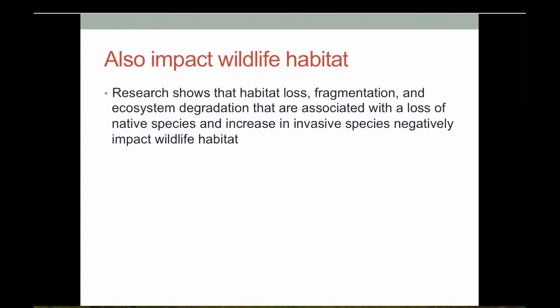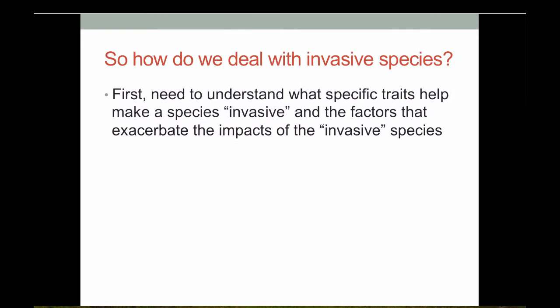And so when we lose these native species and the structure or function that they provide, not only in terms of productivity and nutrient cycles, but also in the habitat that it provides for different wildlife species, that can be something that we're going to need to be thinking about as well in terms of restoration projects.